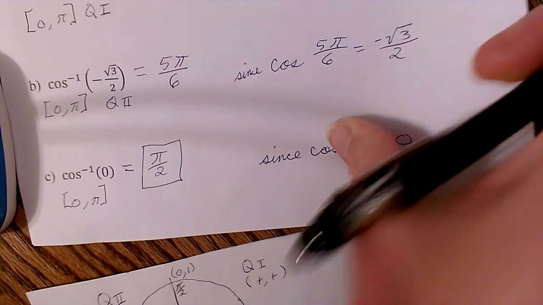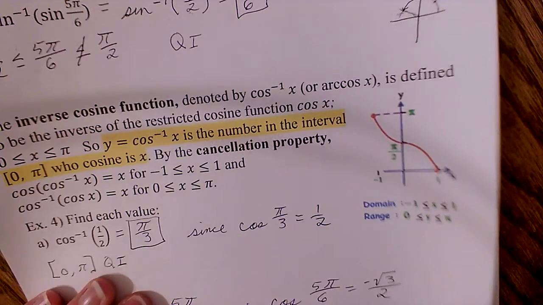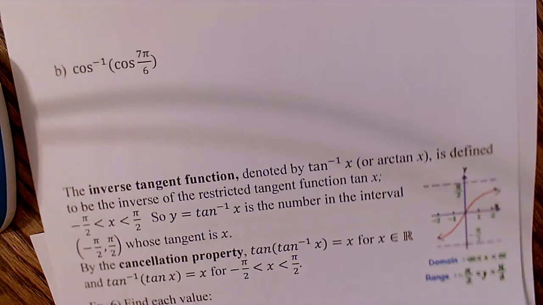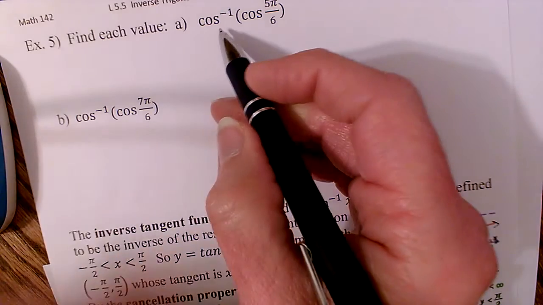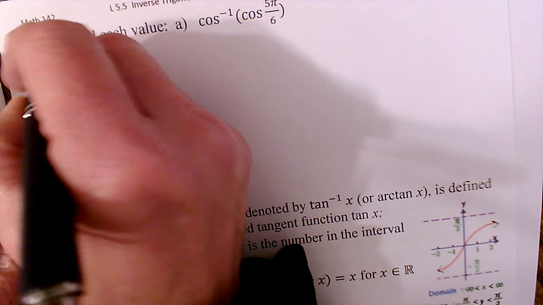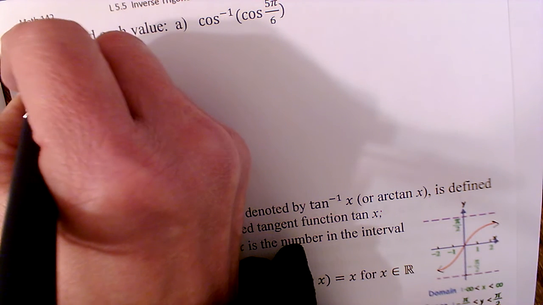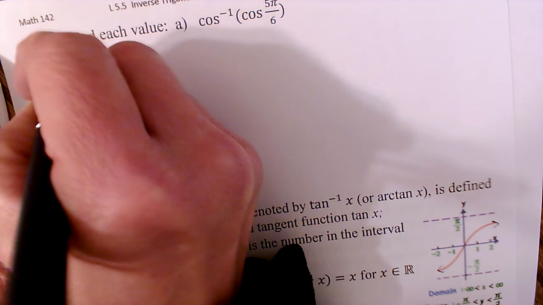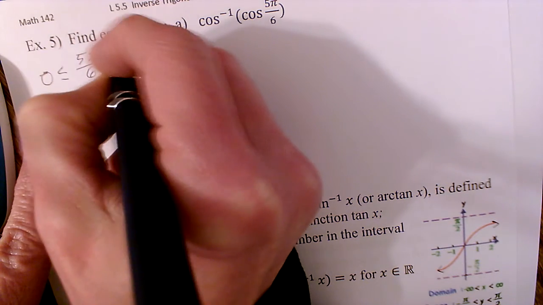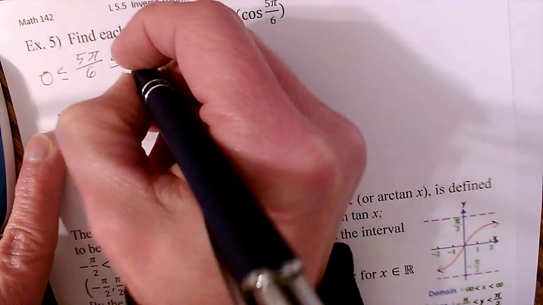Alright, let's look at some that are going to deal with the cancellation property, which we learned up here. So if we want to find the value of the inverse cosine of the cosine of 5 pi over 6, we've got to make sure that 0 is less than or equal to 5 pi over 6, and it is, so far so good, and make sure that that's less than or equal to pi.